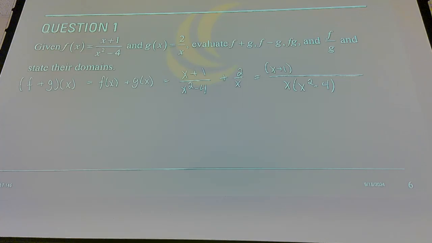What do we have to multiply the first denominator by to get the LCD? So look at that first term, the denominator. What do you have to multiply it by to get our least common? So you also have to multiply the numerator by x.